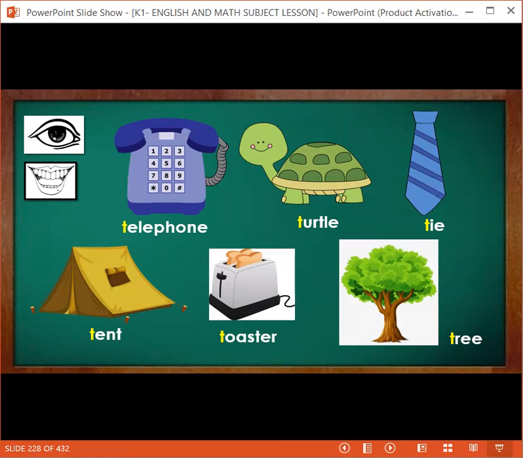Tie begins also with letter T. The next picture, tent. Tent begins with letter T. Next one, toaster. Toaster also begins with letter T.